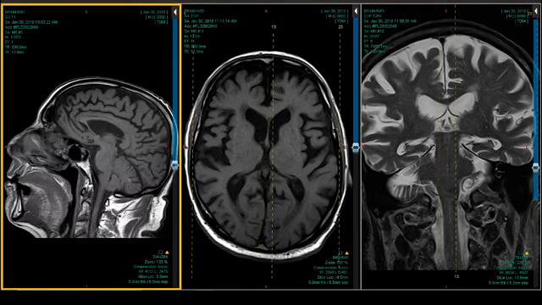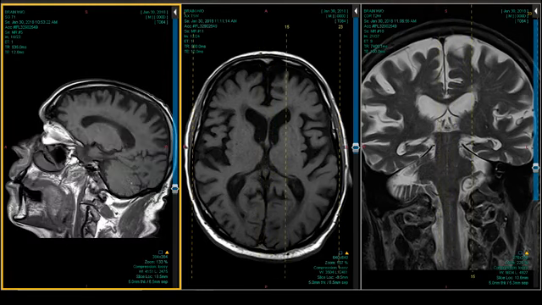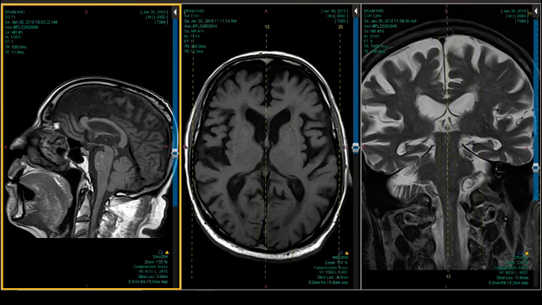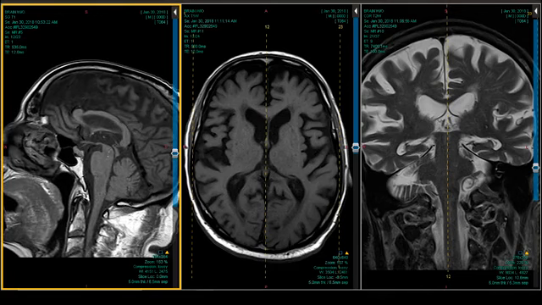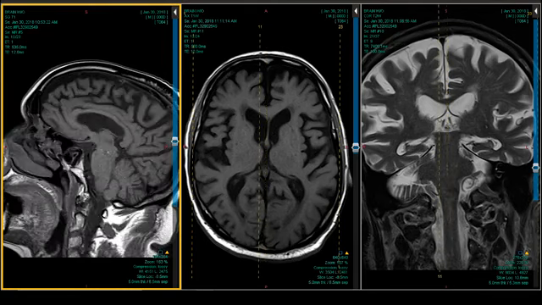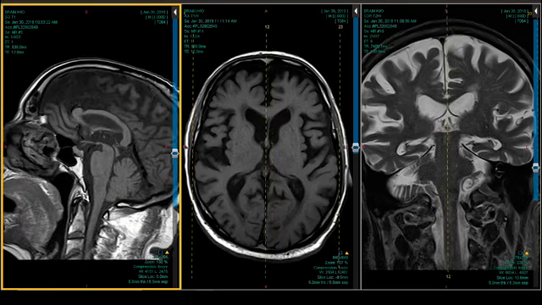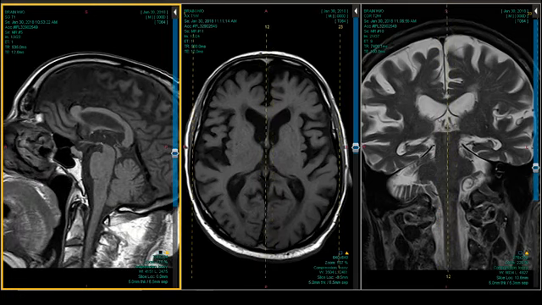Yes, there is some vermian atrophy. There is very little hemispheric atrophy, juicy pons, normal juicy medulla. The midbrain is a little atrophic. The superior colliculus, if you go off to the side, is a little atrophic. The mammillary body is atrophic, I will admit that.